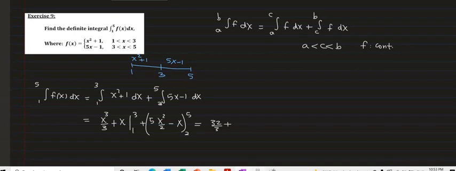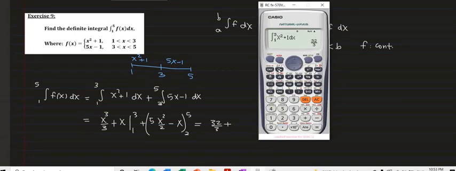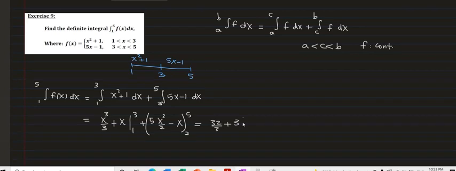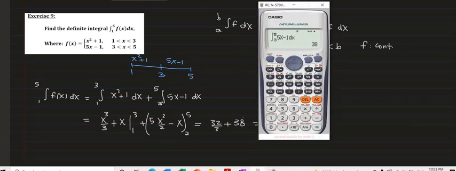And then plus the other integral, which is 5x minus 1 from 3 to 5. That's 38.